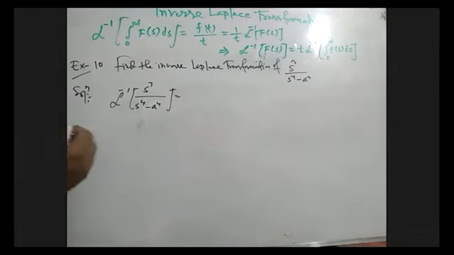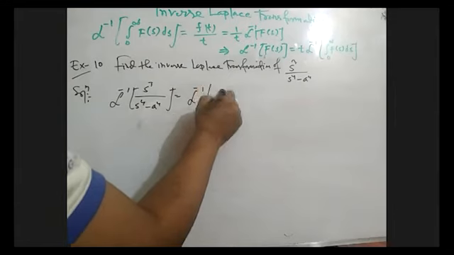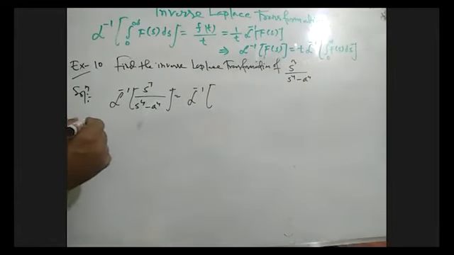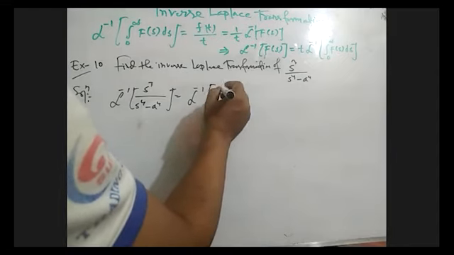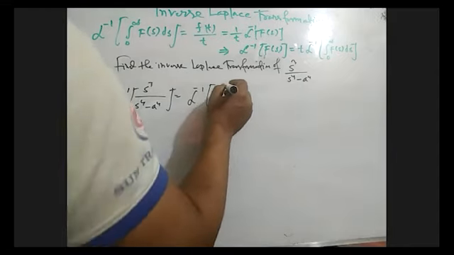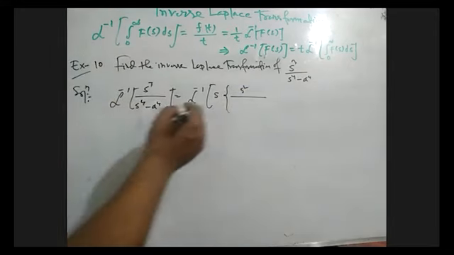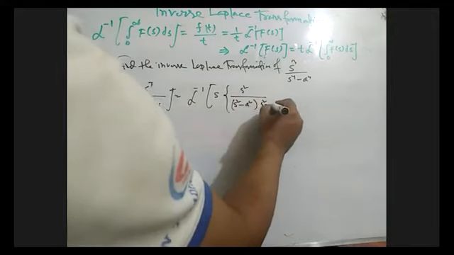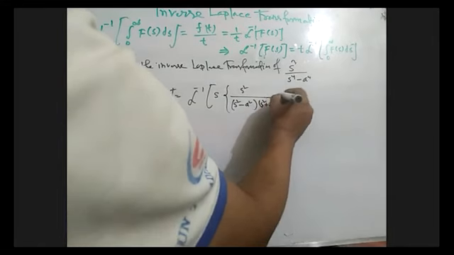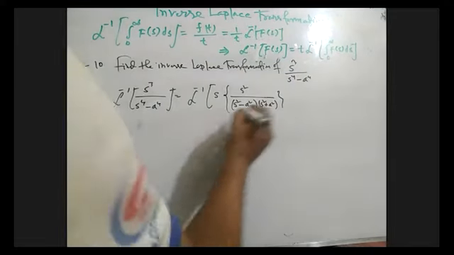This can be written as inverse Laplace transformation of s into s square divided by, using the a square minus b square formula, s square minus a square and s square plus a square.